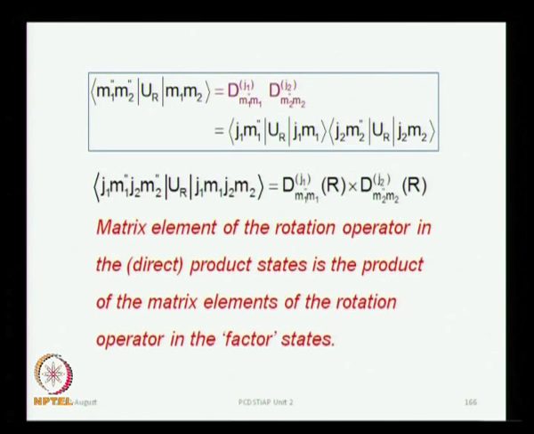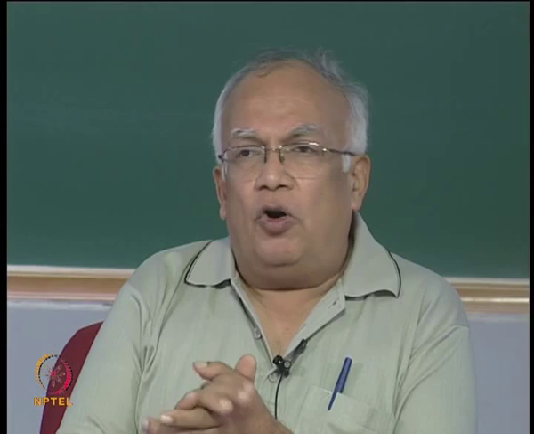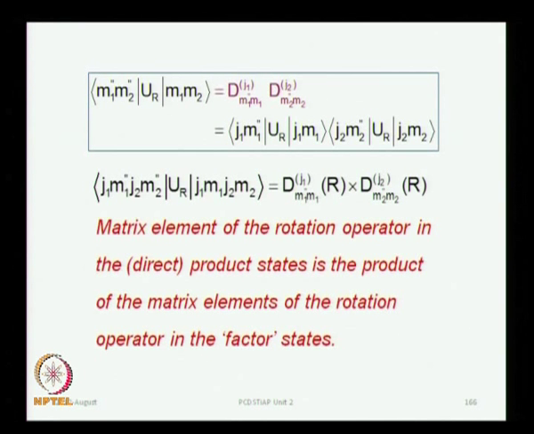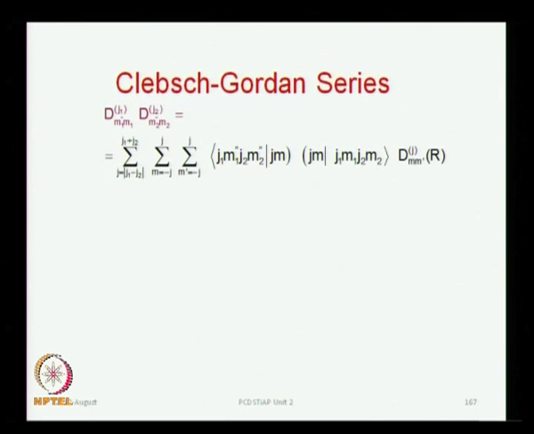All you do basically is to make use of the orthonormality conditions of the basis sets and use the usual transformation properties of how an angular momentum vector responds to rotation, and that is the basic relation that you already know. You will find that almost all of this algebra is based on very simple properties of the response to the rotation operator.